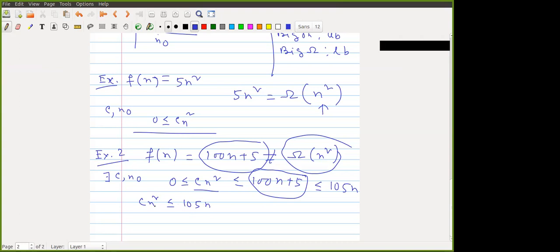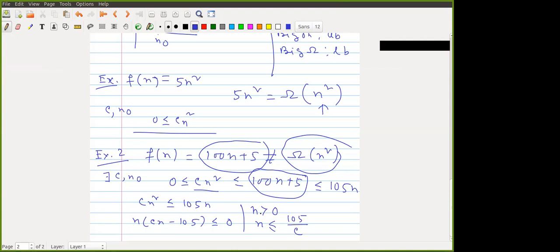But this implies something of the form cn minus 105n is less than or equal to 0. Since we are assuming n is greater than 0, this implies that n is bounded by some constant.